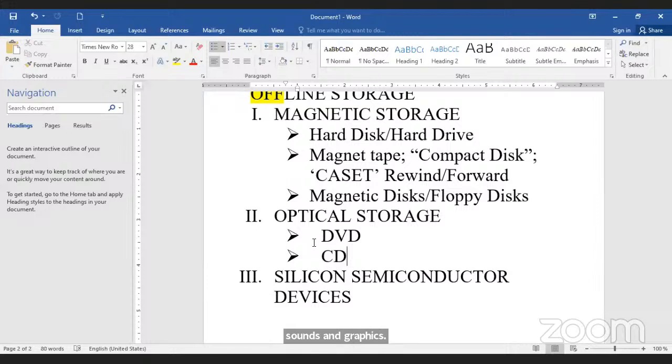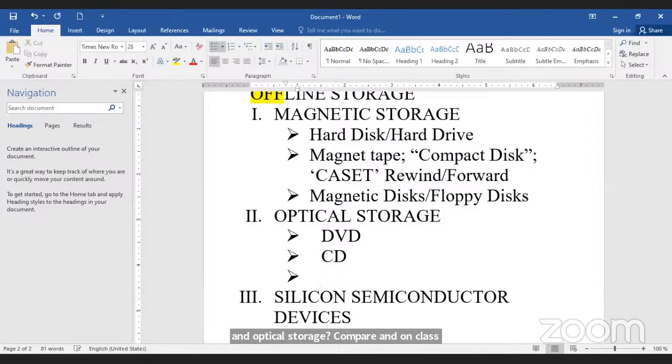So comparing magnetic storage and optical storage, can you compare and contrast between magnetic storage and optical storage? Compare and contrast. Let me write down.